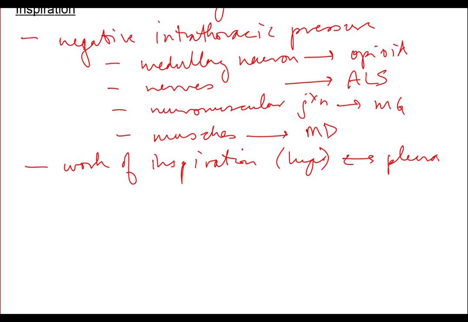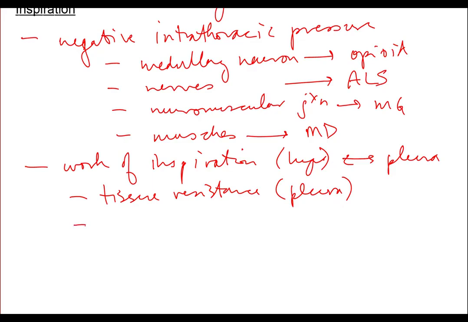When we talk about the work of inspiration, physiologists divide this into three groups. They divide this into tissue resistance, and that refers to the sliding of the pleura across each other. And in a normal pleura, this is negligible.